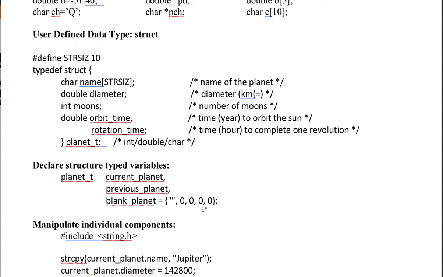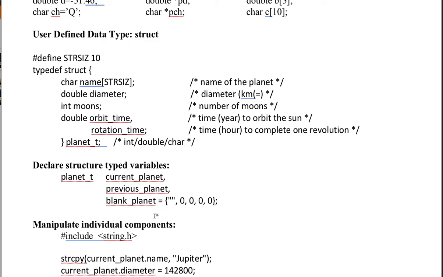And also we take a look, we can declare this new type of variable using the name of the structure. For these two lines, current planet, previous planet, they are declared as variables. And also the third one, blank planet, has those initial values assigned to it.